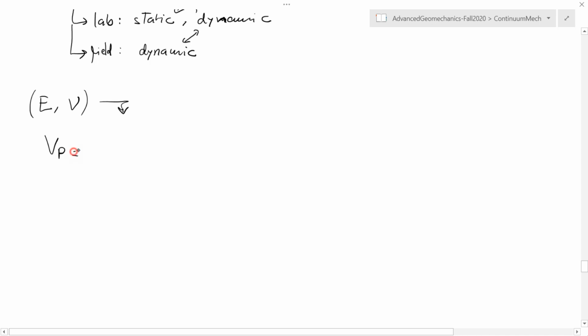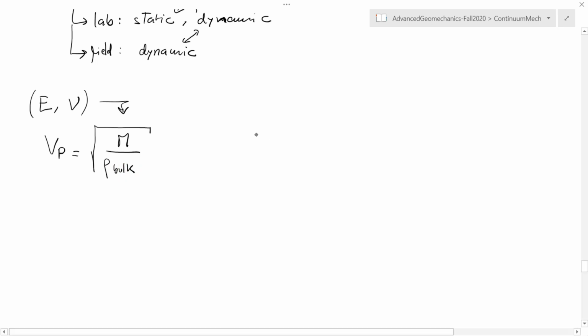The P wave velocity is given by this equation, which is the square root of something that we have seen: the constraint modulus divided by the bulk density of the material.